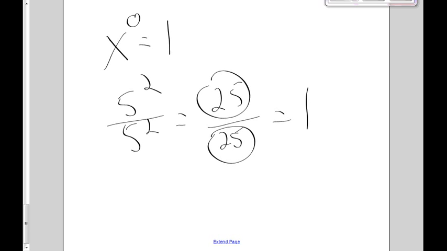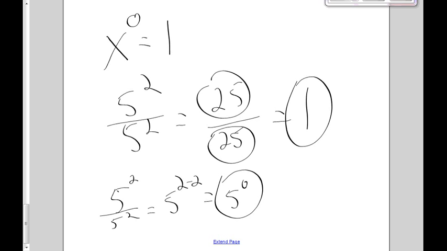The answer is 1. Applying the previous rule, we could say that 5 squared over 5 squared could be calculated as 5 to the 2 subtract 2. 2 subtract 2 is 5 to the 0. Well, what's the right answer? 5 to the 0 or 1? They are absolutely the same.